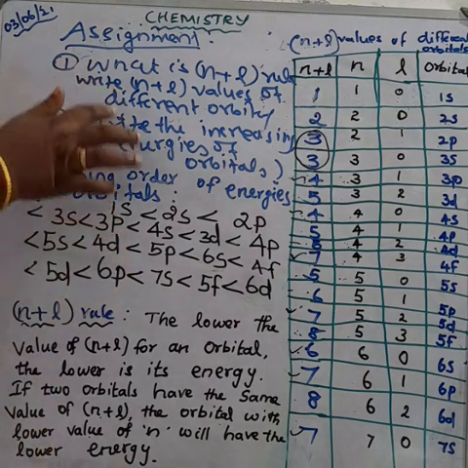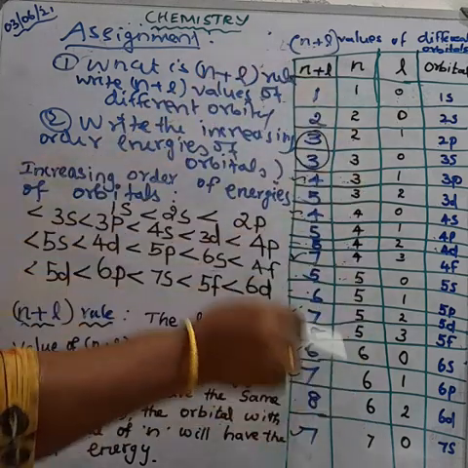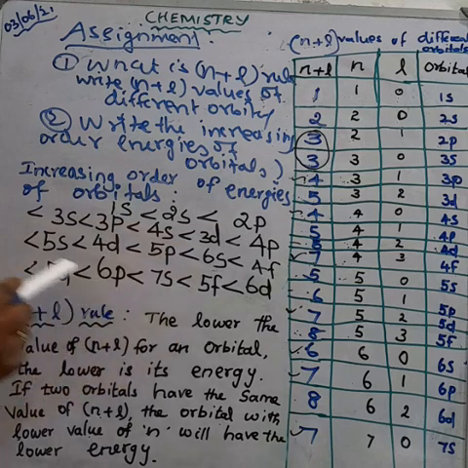Note: what is the n plus l value. This is the n plus l value definition, and this is the n plus l value of different orbitals, and this is the increasing order of energies of orbitals.